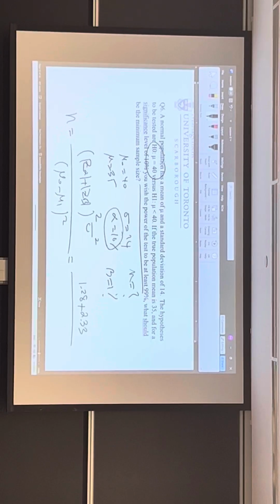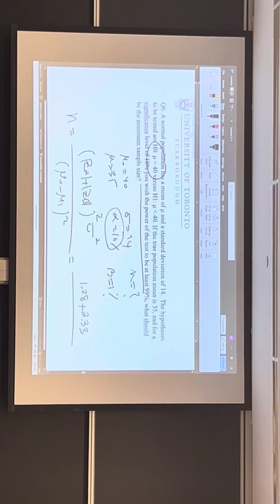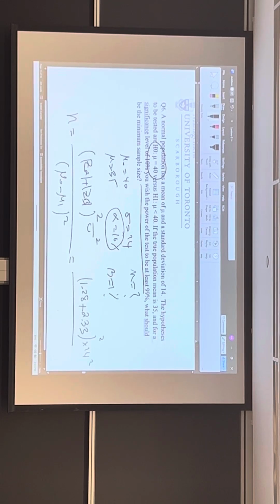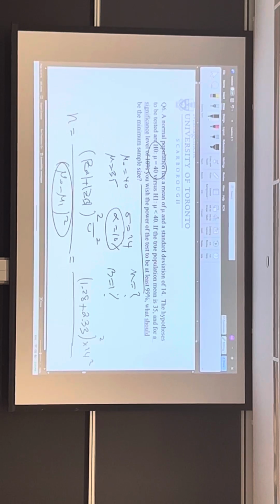As I said, if you have doubt, just look at the last row of the t-table. That's squared. And sigma is 14 squared. Alright? Make sense? Apply the formula. This is the distance between the null and the alternative, which is 5. This is 40. This is 35. That's 5. This is 5 squared. What do you get?